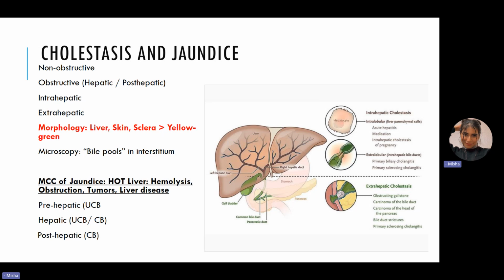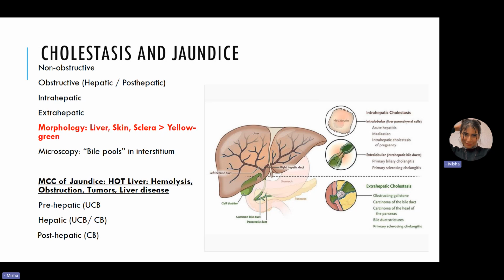You've probably already studied that we have prehepatic, hepatic, and post-hepatic jaundice. In prehepatic jaundice, unconjugated bilirubin will be increased. This is due to increased hemolysis or transfusions, like autoimmune hemolytic anemia, for example.